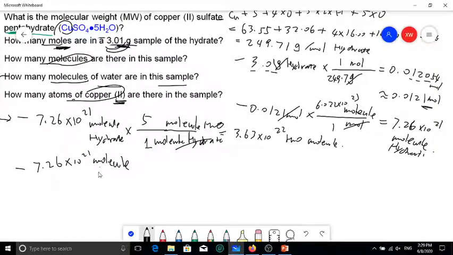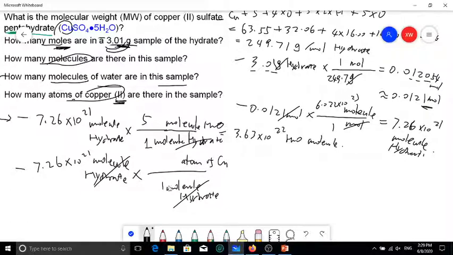Like I said, you spell out the word molecule, so you know this is molecule, not mole. Again, same thing: we want to cancel that by having 1 molecule of hydrate down here, and you want to have atoms of copper on top. The relationship is 1 to 1, so it's going to be the same number.